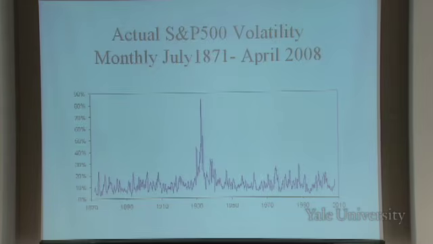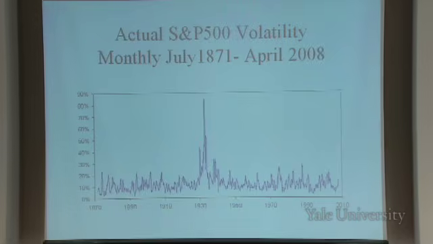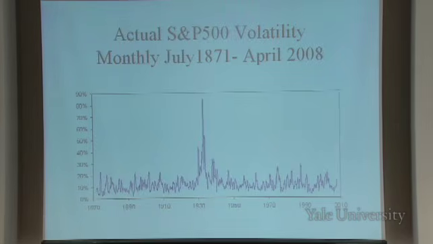So maybe the 1929 crash is here or somewhere. I'm not sure exactly where it is, but something went really haywire after 1929, and the markets got extraordinarily volatile for a while. That was a crisis period in American history that shows up really well on this picture.